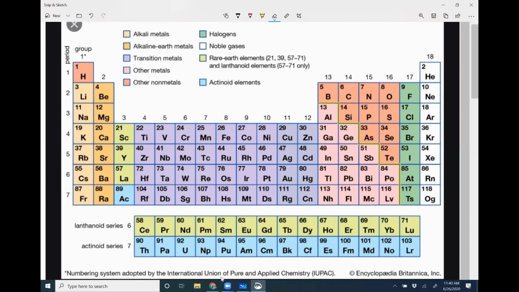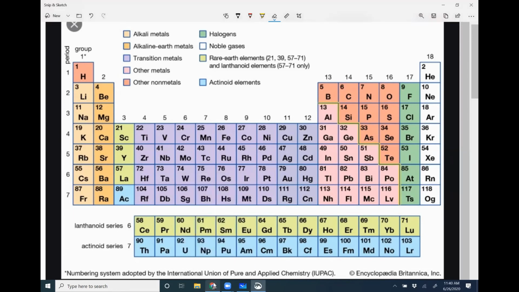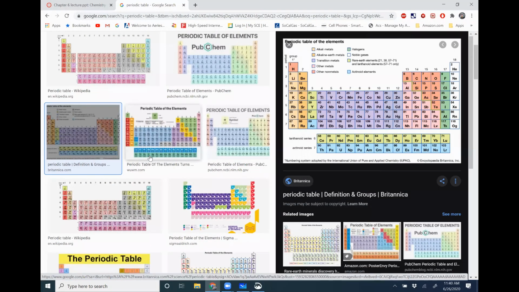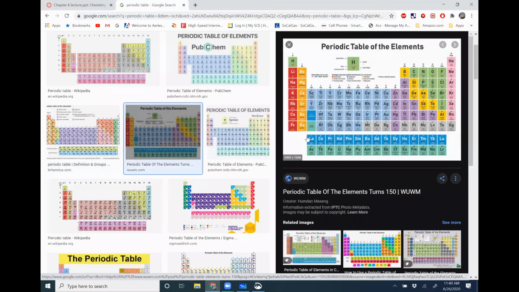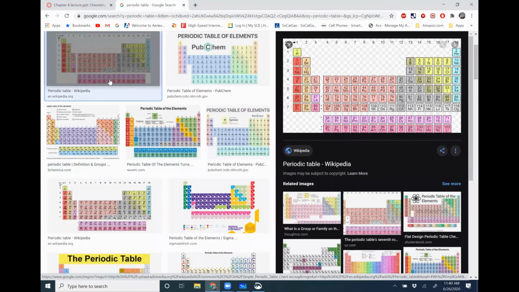So if we go back over to our periodic table, there we go. You'll notice that if you go to different periodic tables, there's lanthanum and actinium inside of the F block. And then if you go to the one we're looking at, you'll notice it puts them up there.